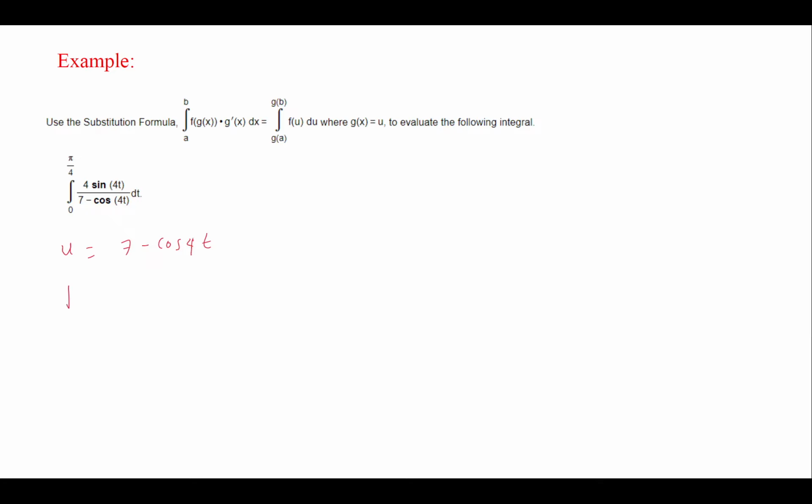Now find the du, which involves the derivative of cosine 4t. Derivative of 7 is 0, minus the derivative of cosine 4t, which is minus sine 4t times 4 dt. So that is actually 4 times sine 4t dt.